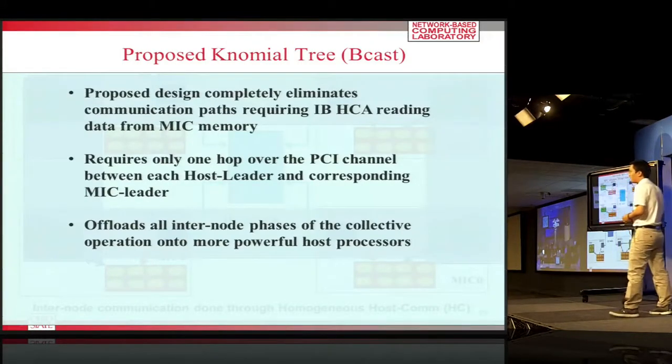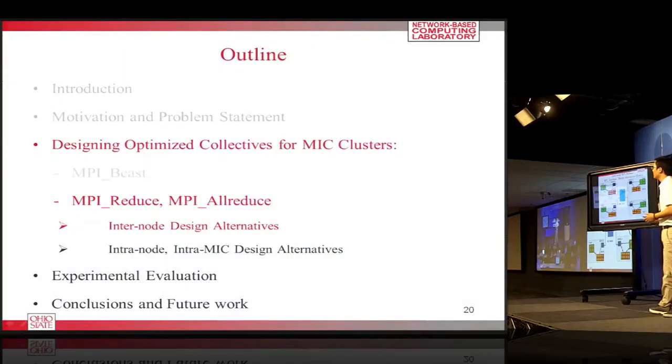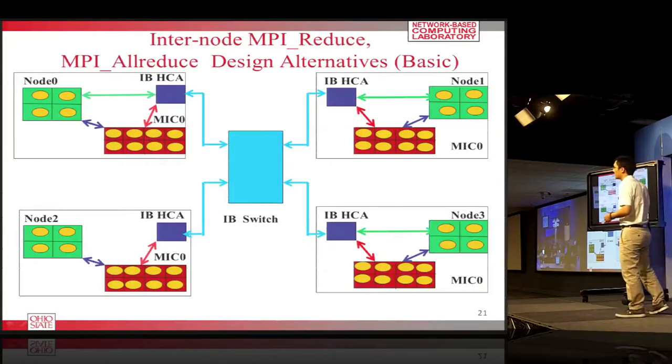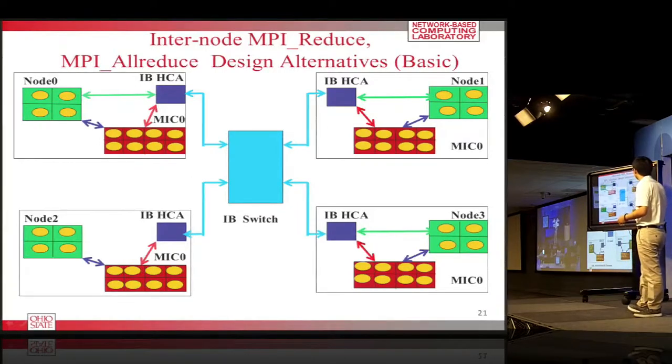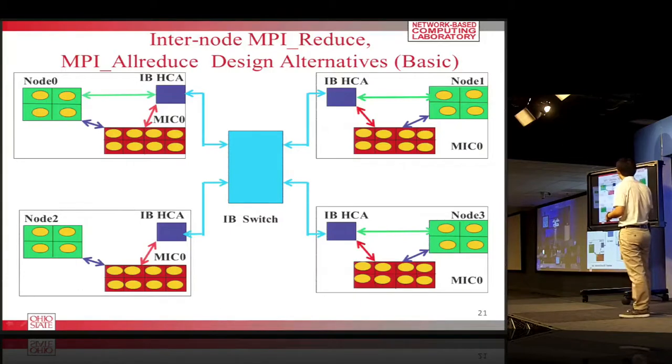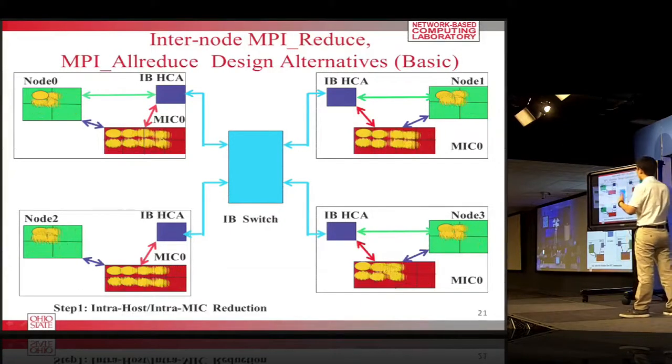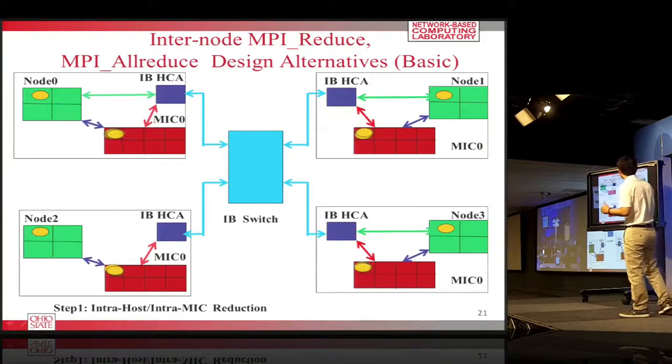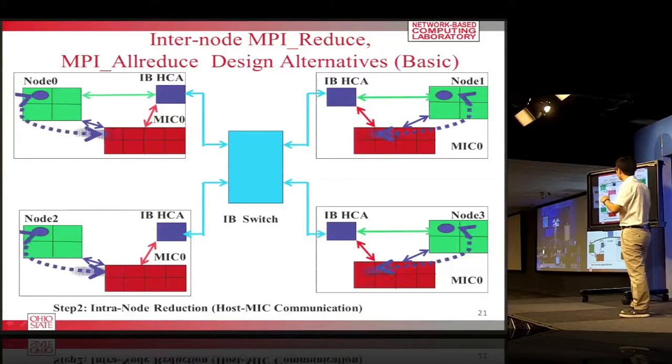Now let's discuss the MPI Reduce and MPI Allreduce design. This is a little bit complicated, so we want to discuss different design schemes. The first one is the basic design. In the first step, we do the intra-host reduction and the intra-MIC reduction. Then we do the host-MIC communication to exchange data. Thirdly, the inter-node reduction between host to host.